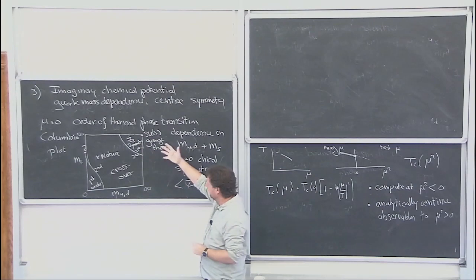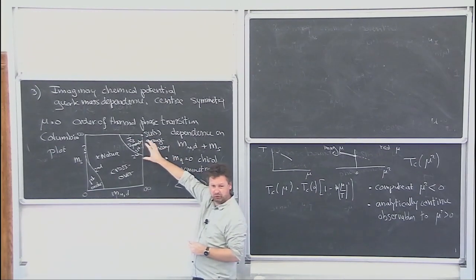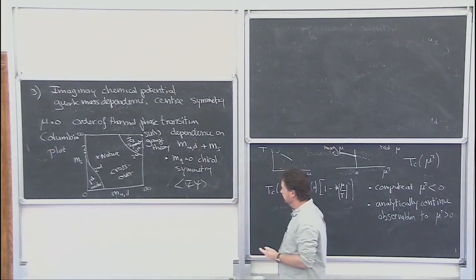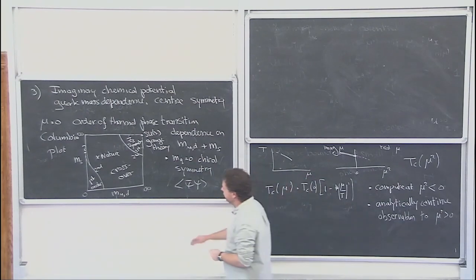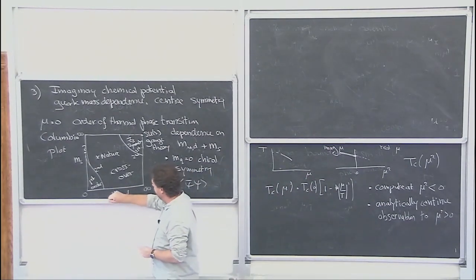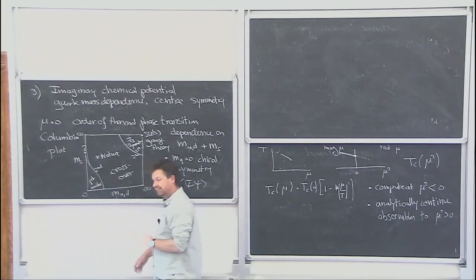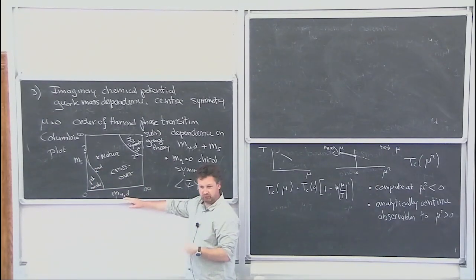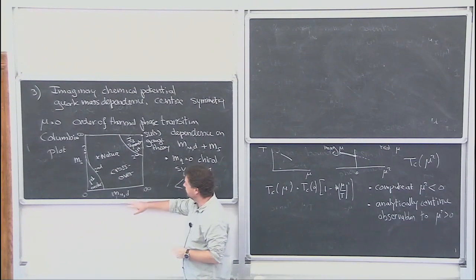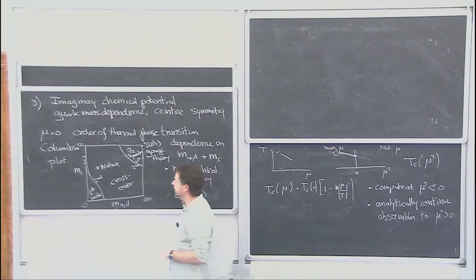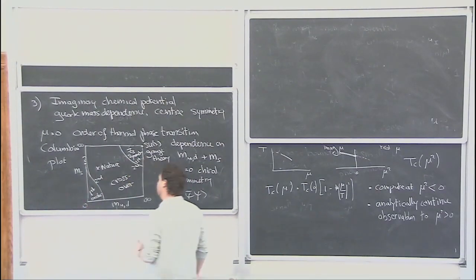It's also a little bit boring because it's heavy here, so there's no relation to nature. This region is interesting, but to study it you need really light quarks. If you want to study this numerically on the lattice, you need quarks which are much lighter than in nature, so it's very difficult to study this region.